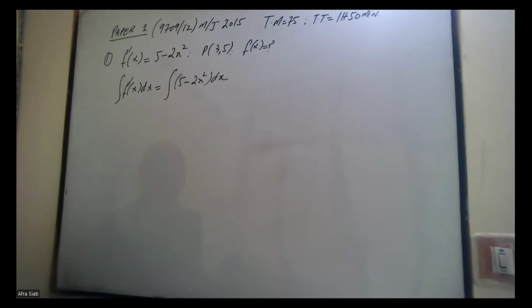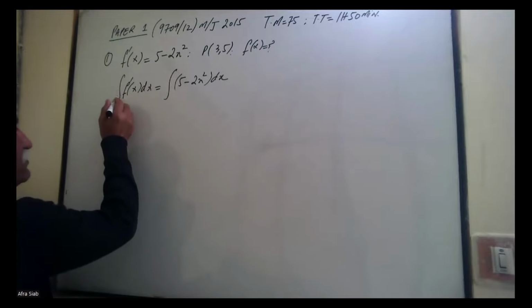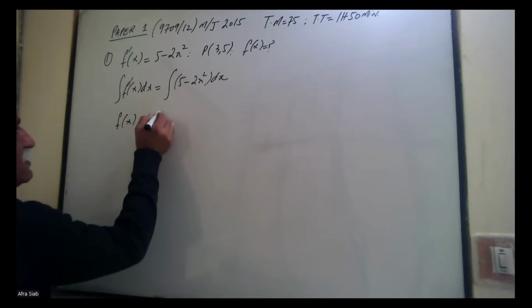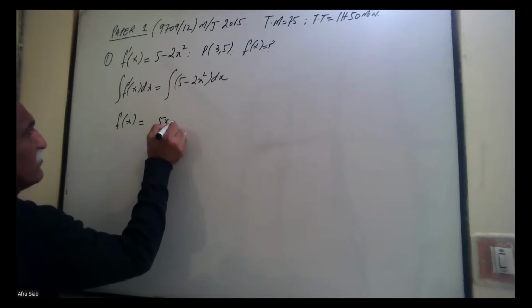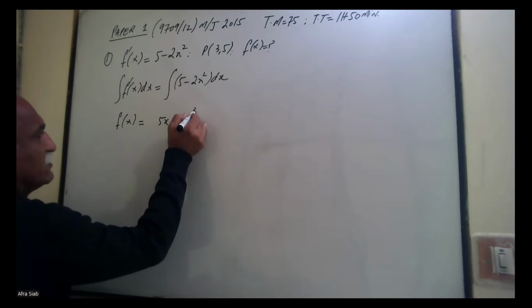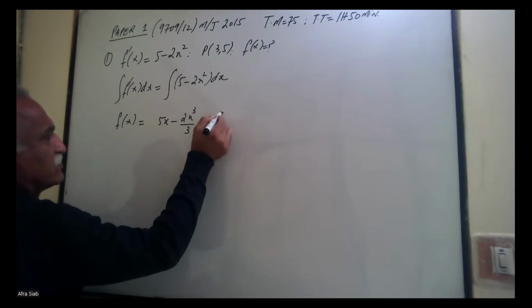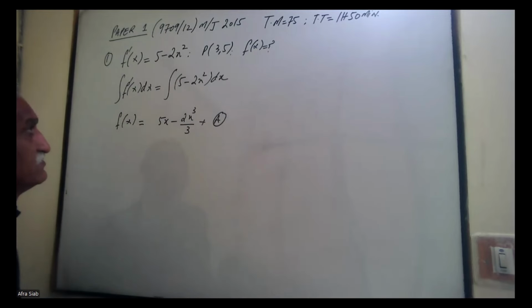Because the limits are not given, but they have mentioned that it is passing through this point (3, 5), we will find out the constant with this (3, 5) condition. So f dash of x after integration will become f of x, which is equal to 5x minus 2x cube over 3 plus a constant of integration a.